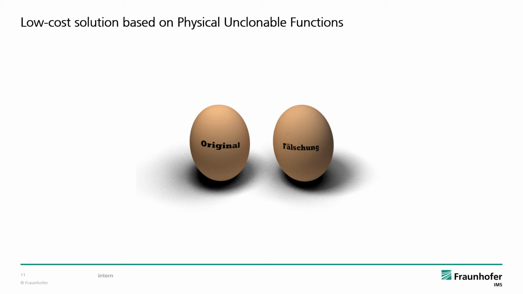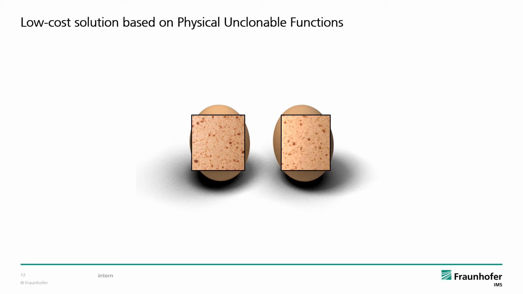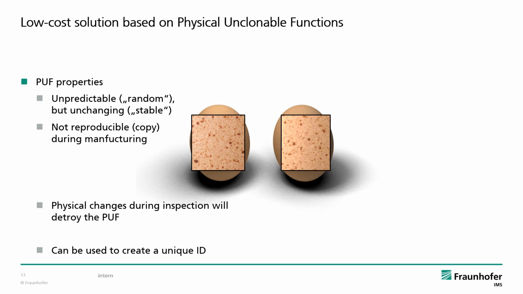The basic idea is that although fabricated chips are basically identical, very much like one egg is to the other, on a closer look, small random differences become visible, caused by the production process. PUFs make these imperfections measurable and utilize them to derive random but stable data.